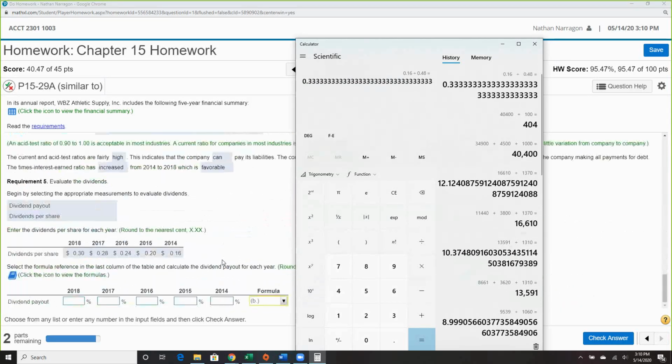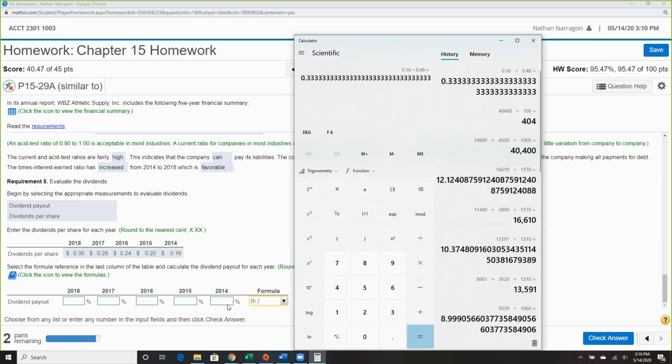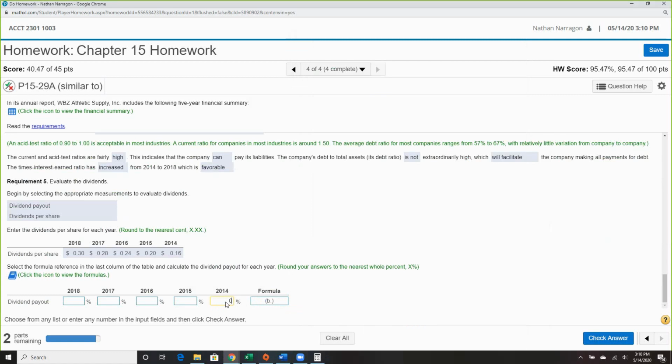Okay? And it does state round to the nearest whole percentage. I'm going to have to check that. No. Okay. Well, I mean, it is the nearest whole.